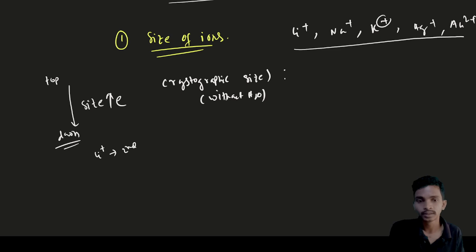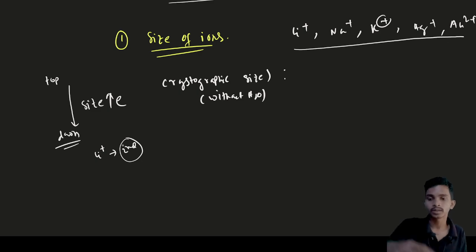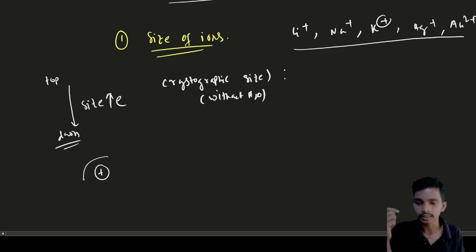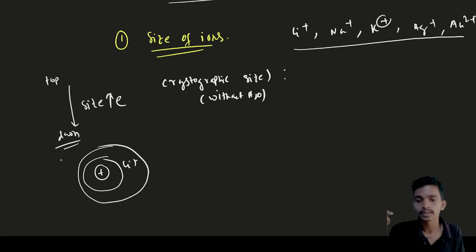Then in the third period, layers come: one layer, two layers will be added. Let's say this is the nucleus. Li is here, then Na comes in the next layer.